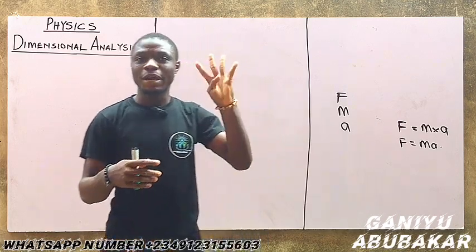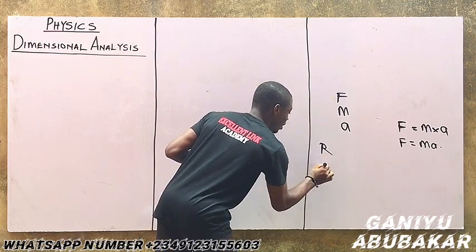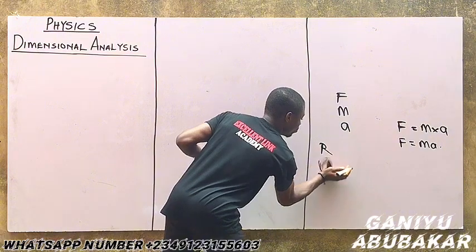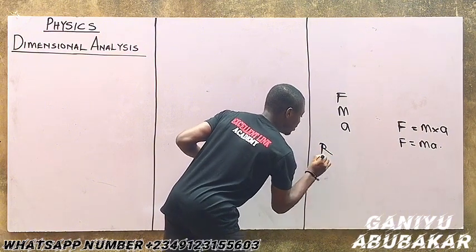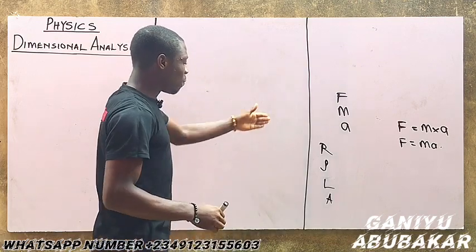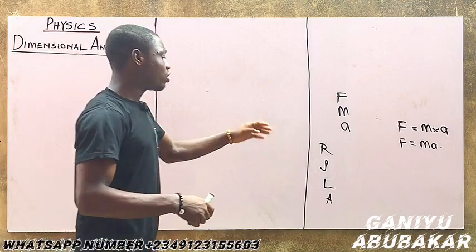Let's say I'm given four parameters at random again: R, resistance, rho, density, length, and area. Within these four parameters, there's a relationship between them. What's the relationship here?